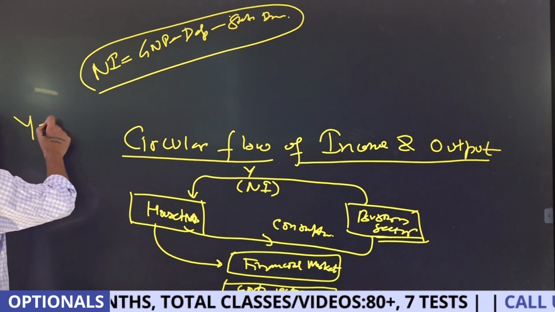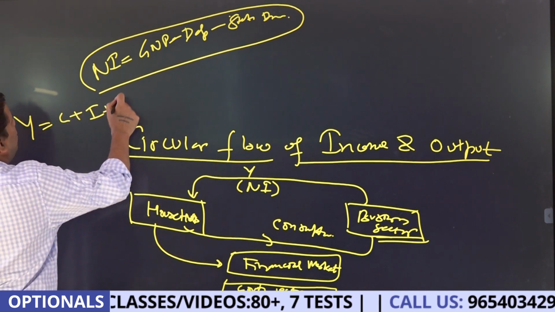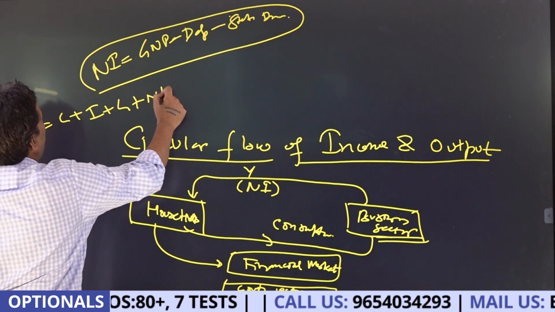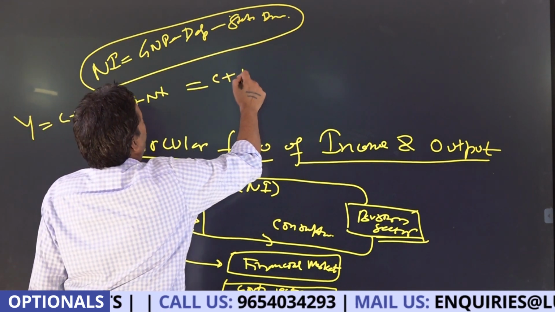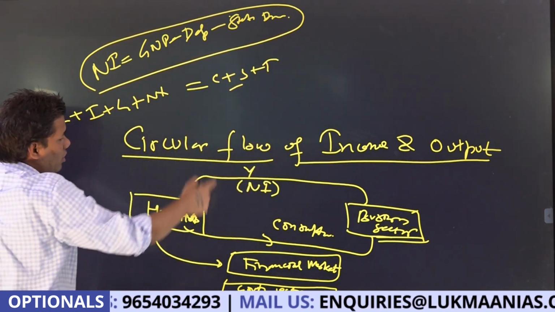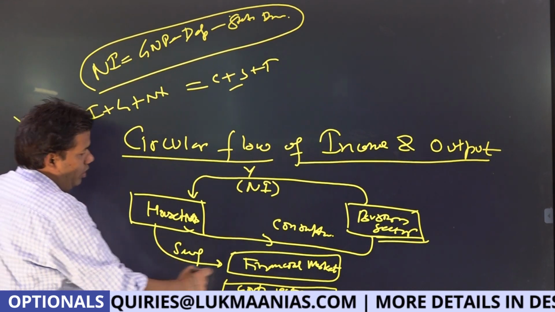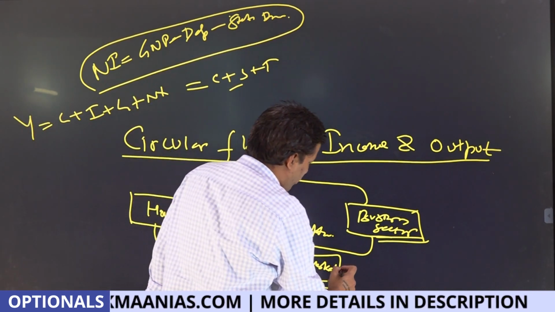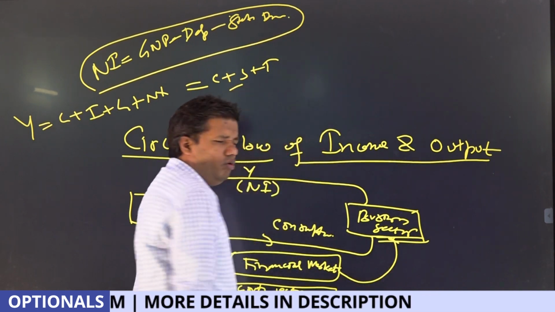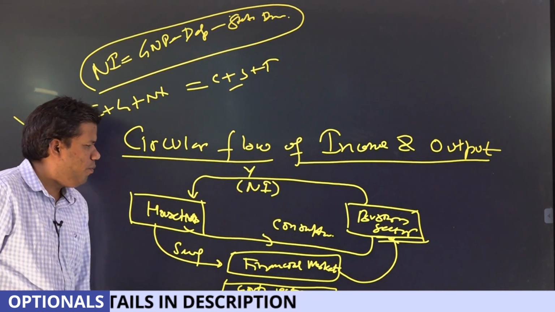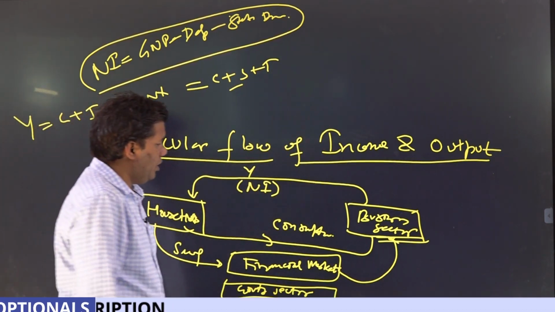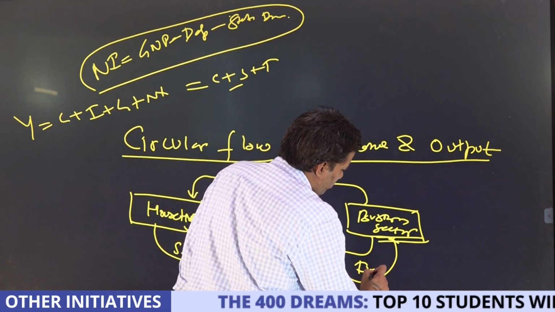This is the equation now: Y is equal to C plus I plus G plus NX, or C plus S plus T. So some part is going into consumption and some part into saving. And saving, you invest into the financial market, and the financial market, through maybe IPOs and bonds, will invest into the business sector. This is called investment.